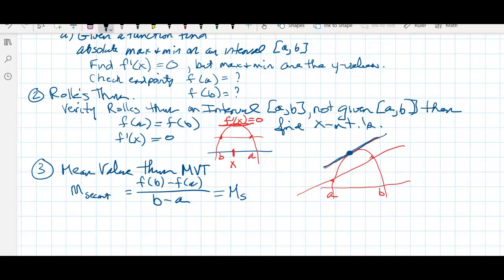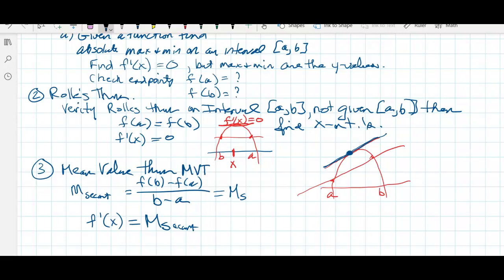You need to find the place where f prime of x equals the slope of that secant line you just found. Does that make sense? You're not setting your derivative equal to 0. You're setting your derivative equal to that new slope you found.